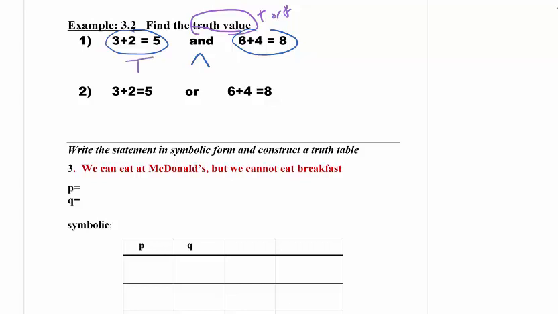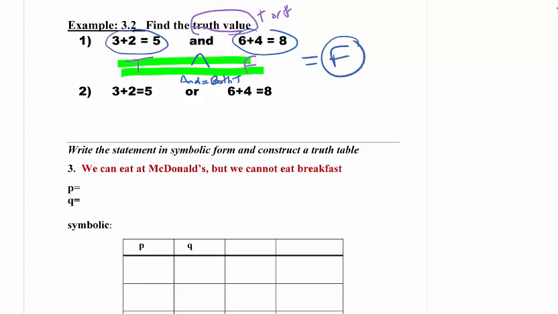That is a true statement. 6 plus 4 equals 8. That is a false statement. So now I'm using my rule to answer this piece. And means both. True, to get a true answer. So true and false will give me a false answer, using the definition of an and. Both have to be true to give a true answer.